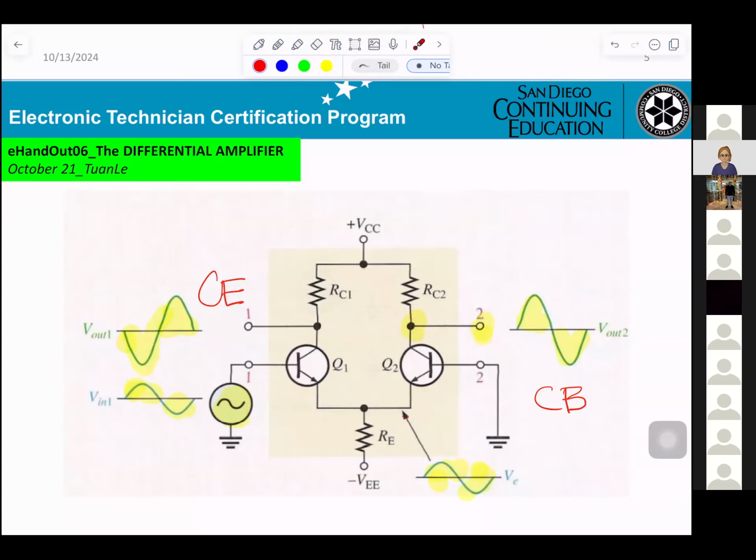First thing, they already tell you, they connect the Q1 input and Q2 input to ground. Okay, see what the output looks like. And now they connect the input to Q1 and the input of Q2 is grounded. So you can see Q1 is a CE amplifier, Q2 will be CB.